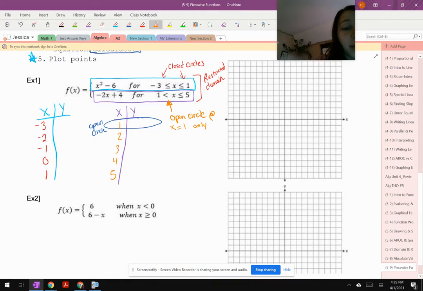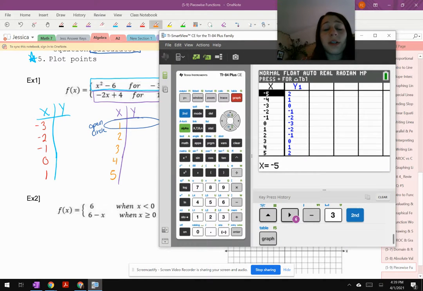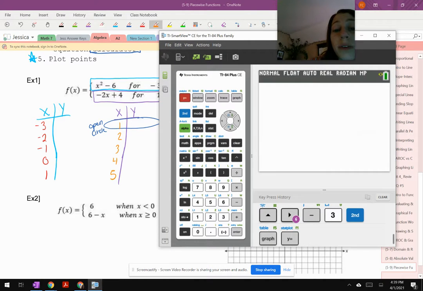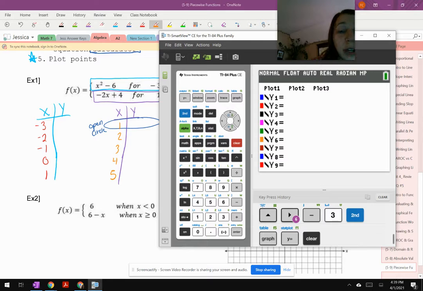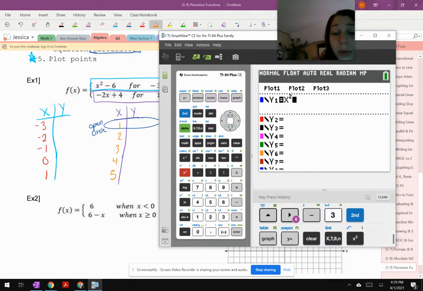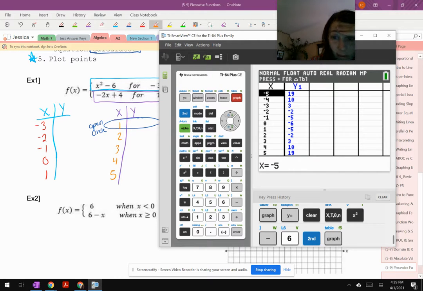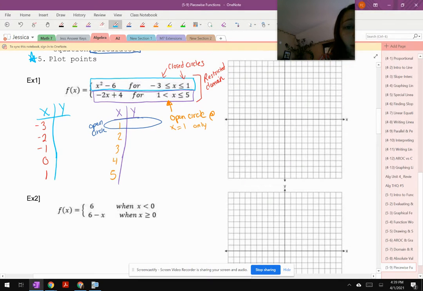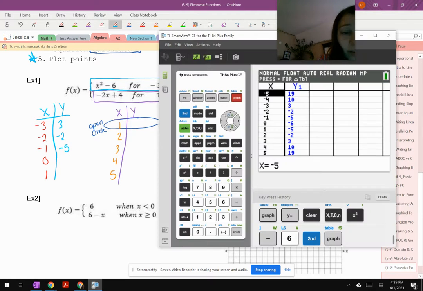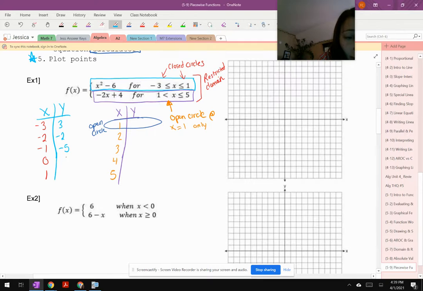This one is not. All right, so this is where you're either going to do all this math in your brain on your own, or you're going to use your calculator. So pick an equation to start with. I'm going to start with the top one. Clear out whatever was in there. X squared minus 6, second table. So it goes 3, -2, -5. And then -6 and -5 again.